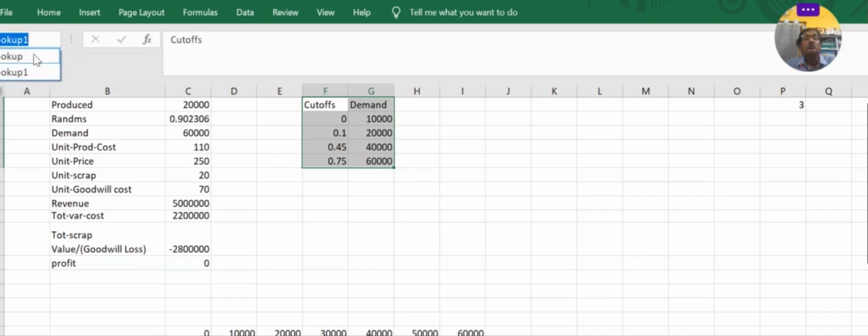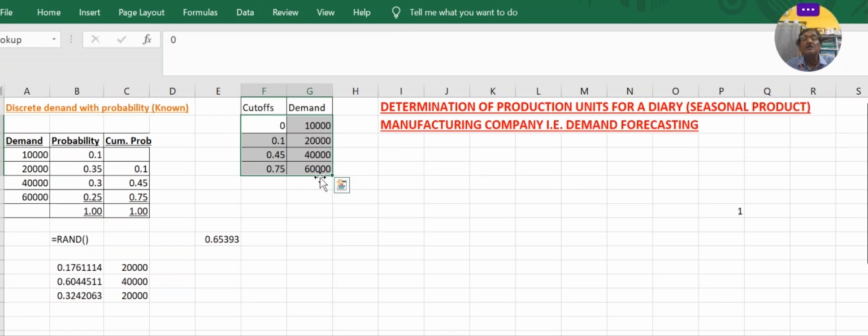Two variables are used, and you can take any one. So we have taken the lookup variable, the name variable which represents this data.